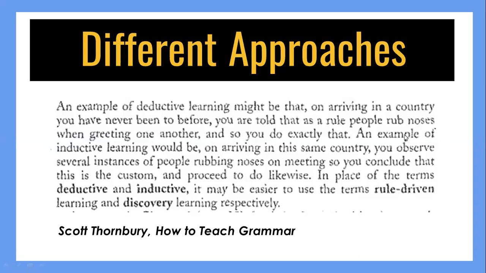This is the deductive way, when the teacher tells you the rule and students act depending on what the teacher has told them. In the second example about the inductive approach, on arriving in the same country, you observe several instances of people rubbing noses on meeting, so you conclude.